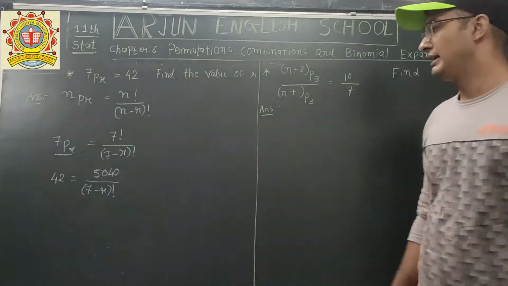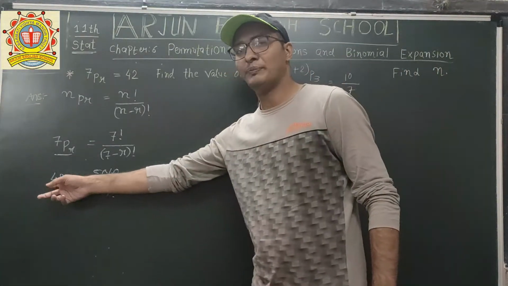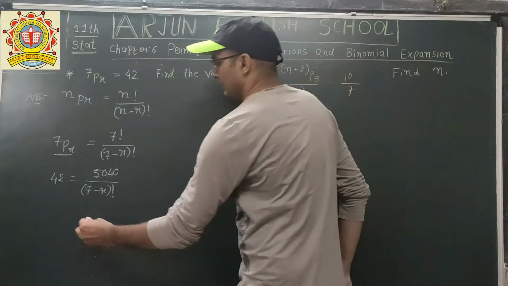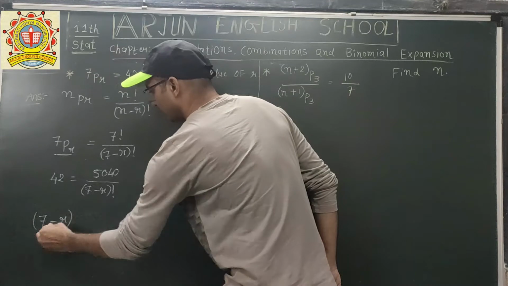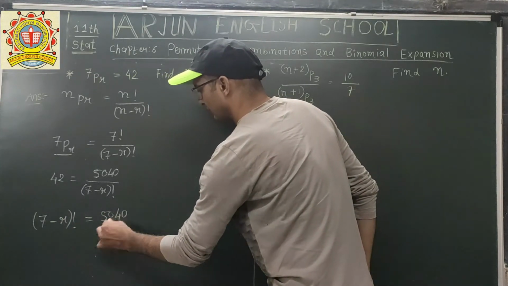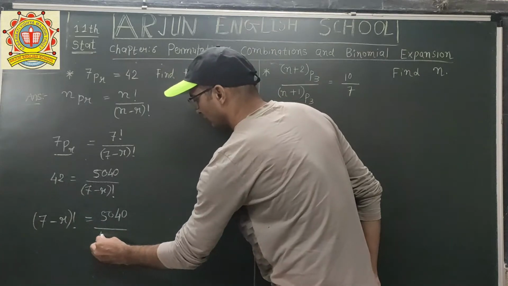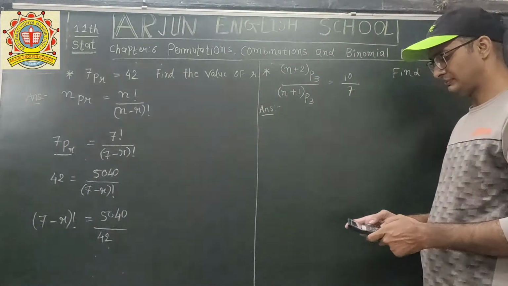Now here it is in the denominator. On the opposite side, it goes into the numerator, so (7 minus r) factorial is equal to 5040 divided by 42, since 42 goes into the denominator. That is 5040 divided by 42.